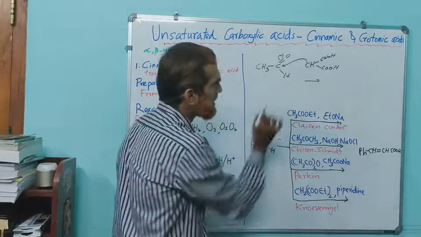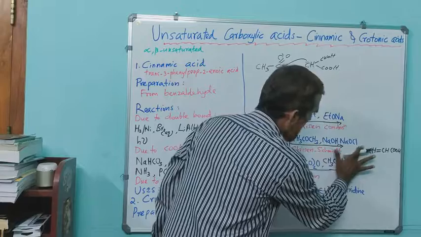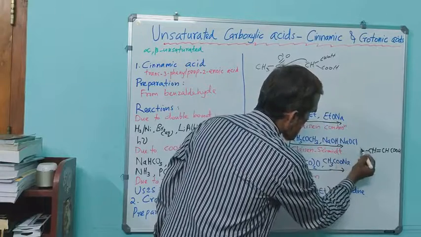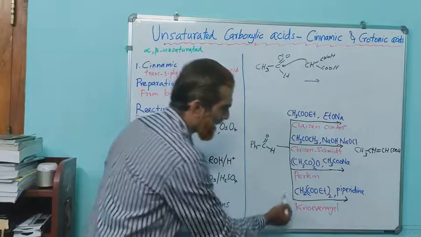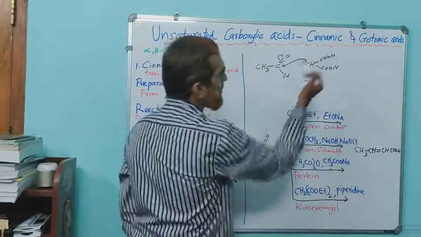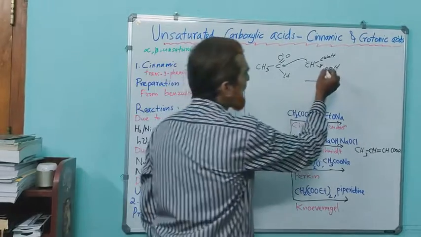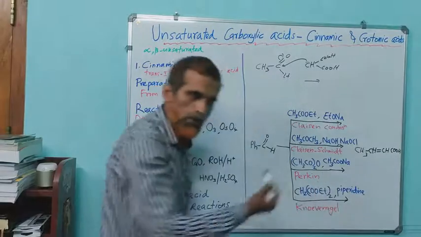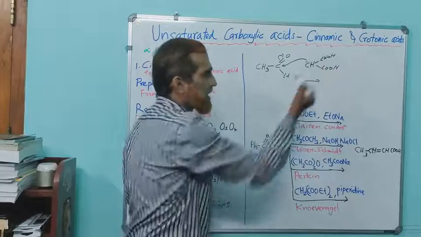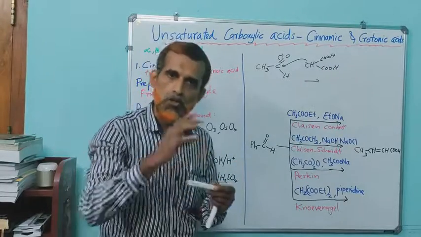That's all. The rest of the thing goes the same way, same reaction. Okay. So this is now replaced by CH3. You get crotonic acid by Knoevenagel reaction using this malonic acid itself. So the ester group need not be hydrolyzed here. This step will be a little shorter.